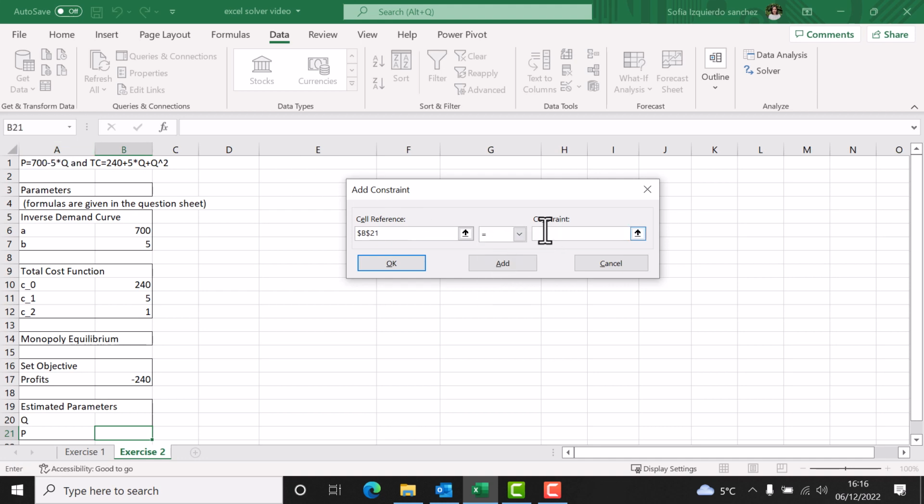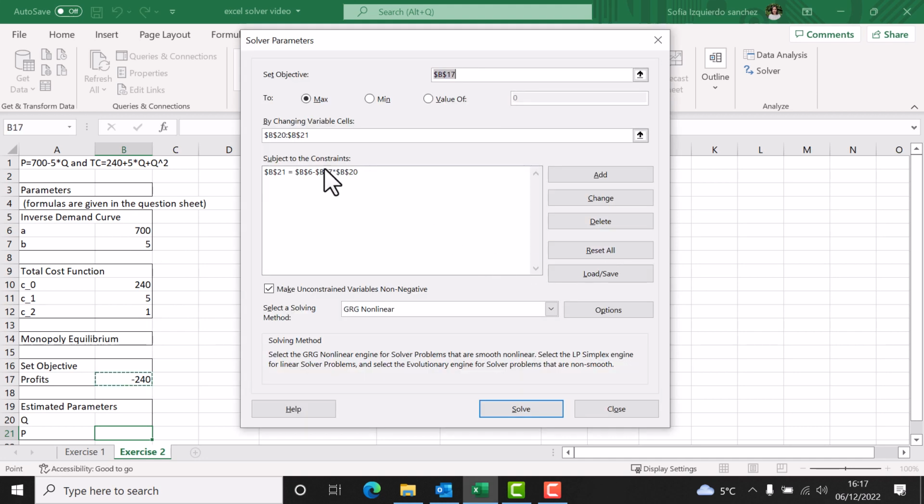Because remember that the monopolist will select output where marginal revenue equals marginal cost, and you are doing that with maximizing the profit function. But the price will be selected in the inverse demand curve. So the price has to be equal to 700 minus 5 times the quantity. And this is the constraint that you will have here. Now we just have to press solve.